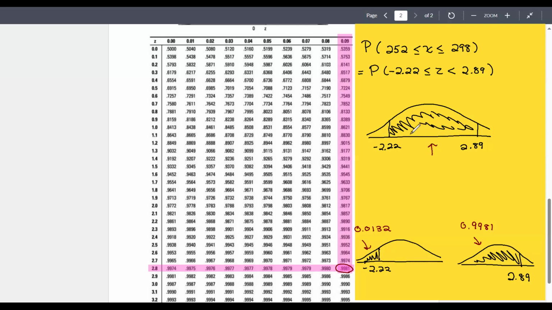So this area right here in between them is going to be the larger of the areas minus the smaller of the areas. So the area between negative 2.22 and 2.89 is going to be 0.9981 minus 0.0132, which is going to be 0.9849.